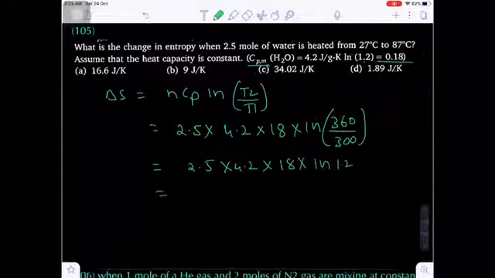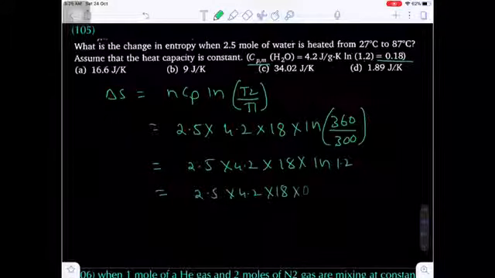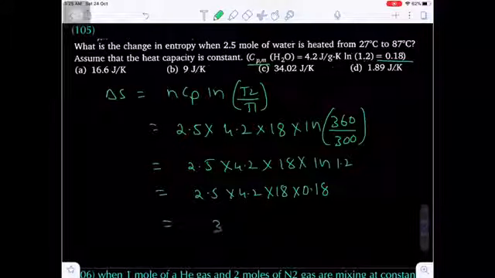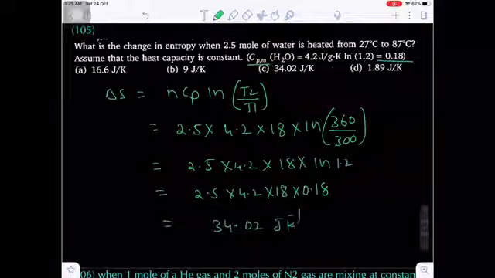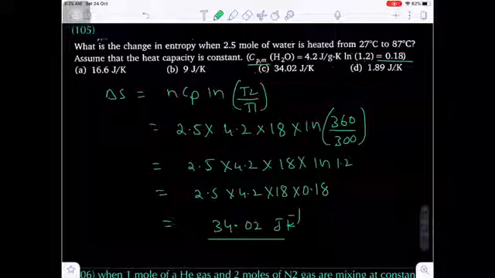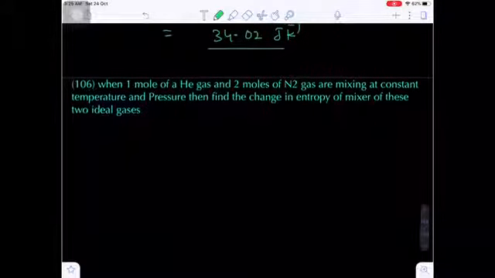Already ln 1.2 value is given in the question as 0.18. So 2.5 multiplied by 4.2 into 18 into 0.18. After simplification, the final answer is 34.02 joule per Kelvin. 34.02, that will be option number C, third option.